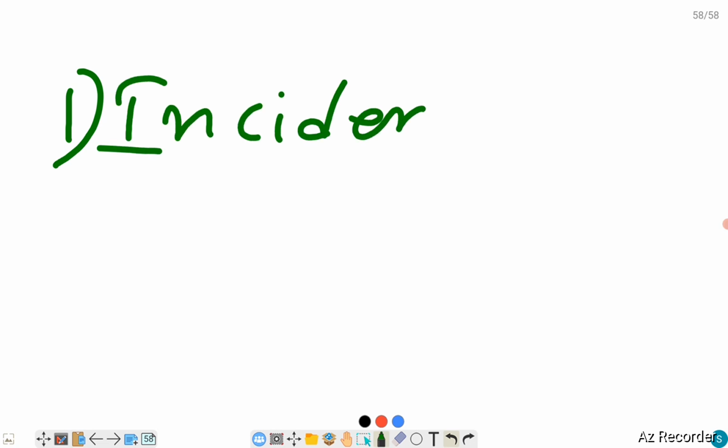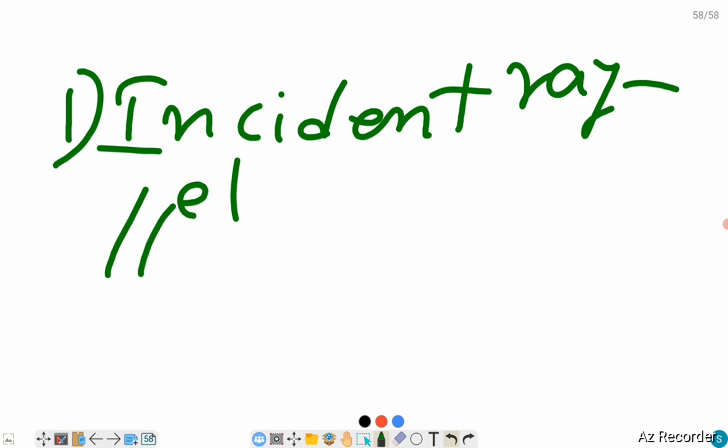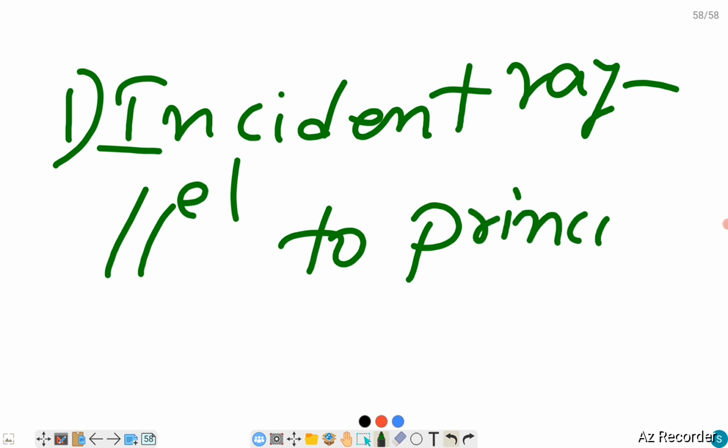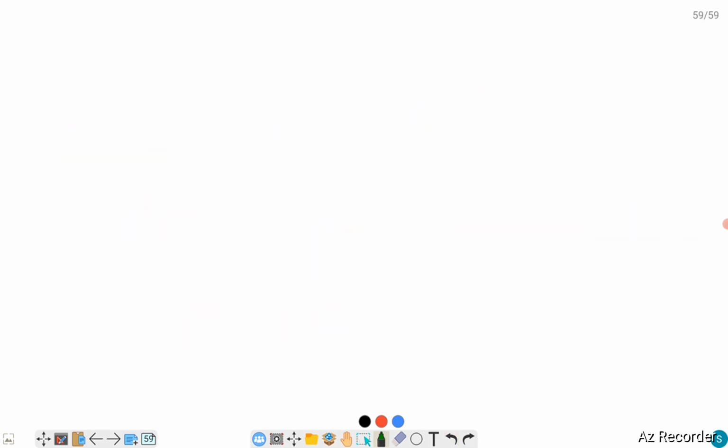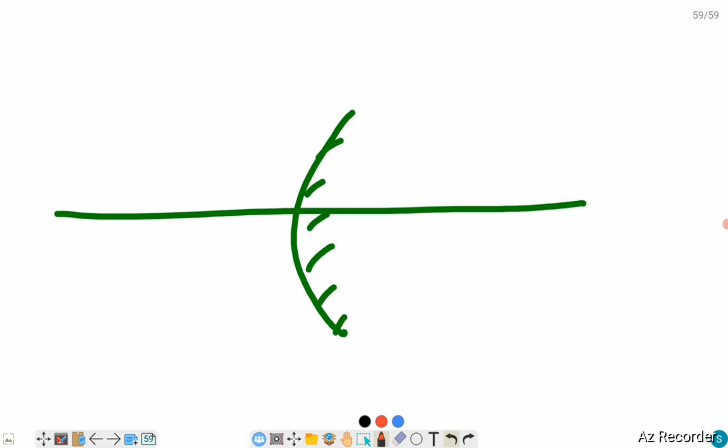Now let us see the ray rules. The first ray rule is: incident ray parallel to the principal axis. Now draw the mirror, the principal axis, and mark pole, focus and center.